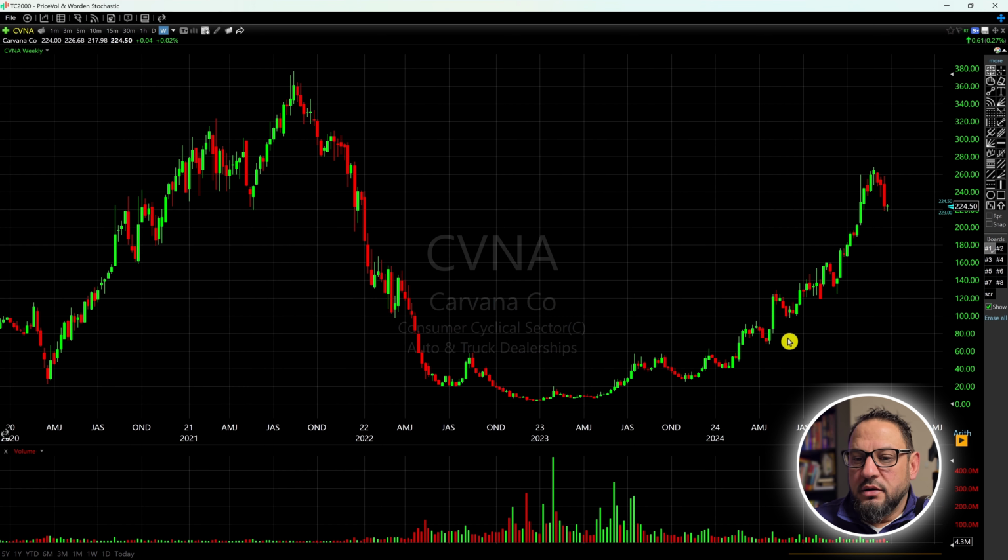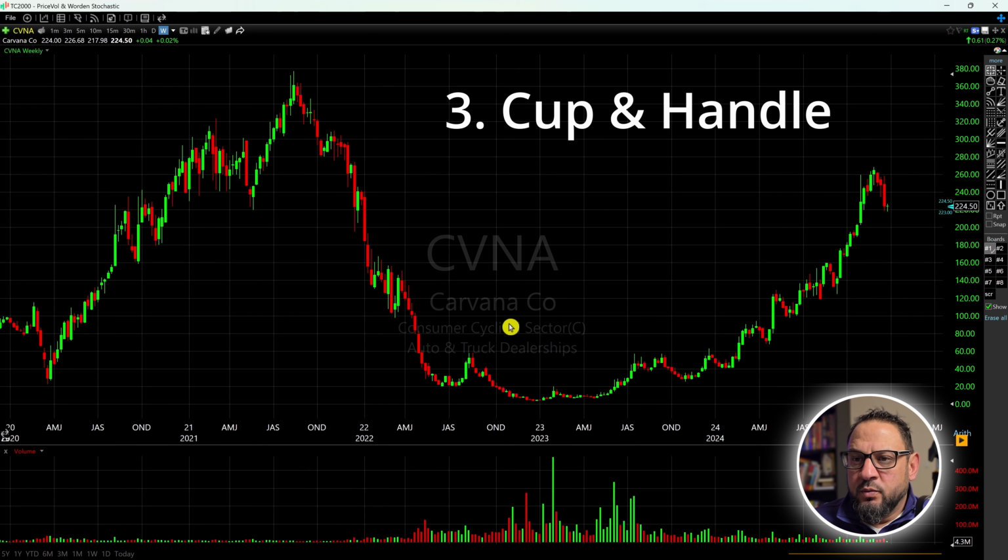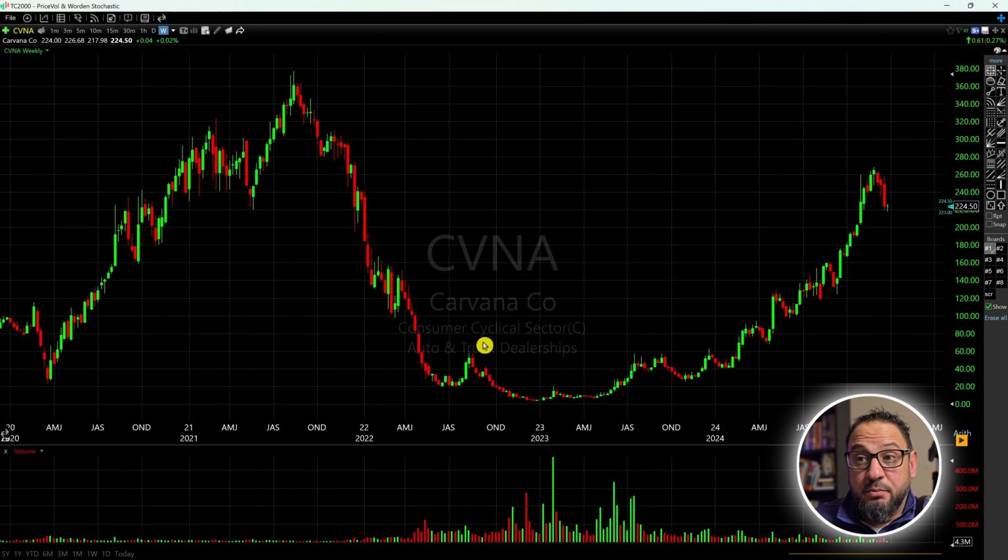So the third pattern is the cup and handle pattern. It's a bullish indicator. It forms the shape of a cup like this, and then it consolidates as a handle, and then it takes off after that.